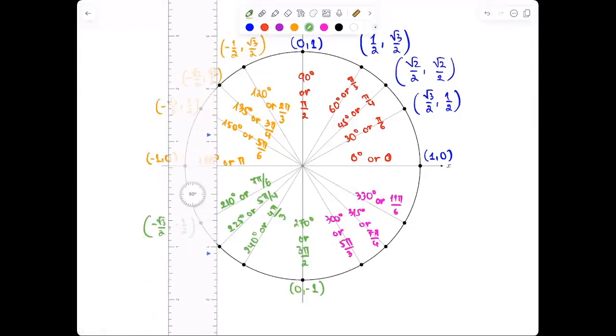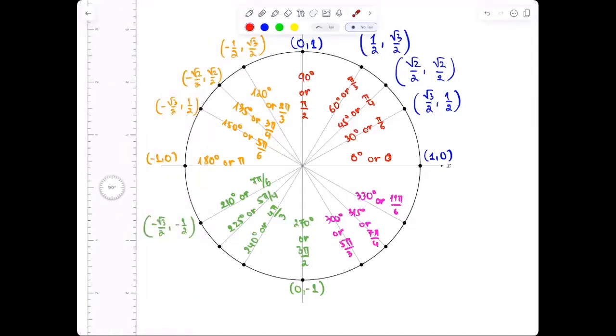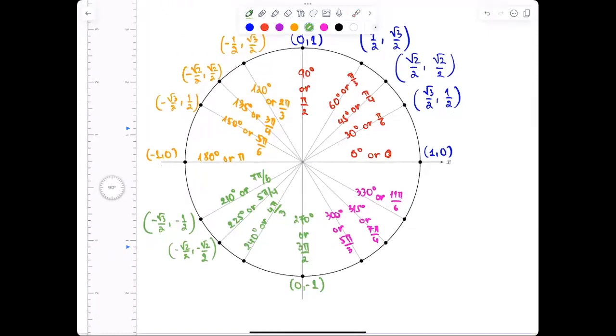The next point is for 225, corresponding to the point here, right? So √2/2, √2/2, but both of them should be negative. So you should have -√2/2, -√2/2. And then hopefully at this point you recognize the pattern, how you obtain the points.